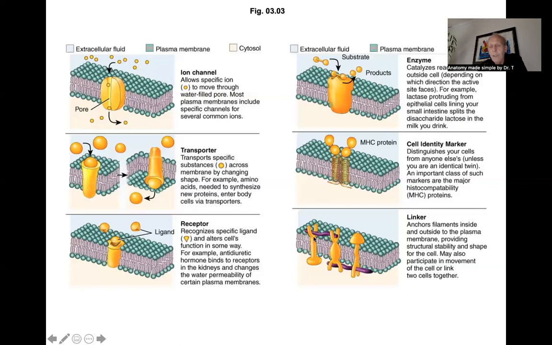And finally, some of the proteins that go through the cellular membrane act as linkers. They simply have an area that allows additional structures, in this case some kind of fiber-like structures, proteins in the form of filaments, to attach to either the external or internal surface of the membrane.